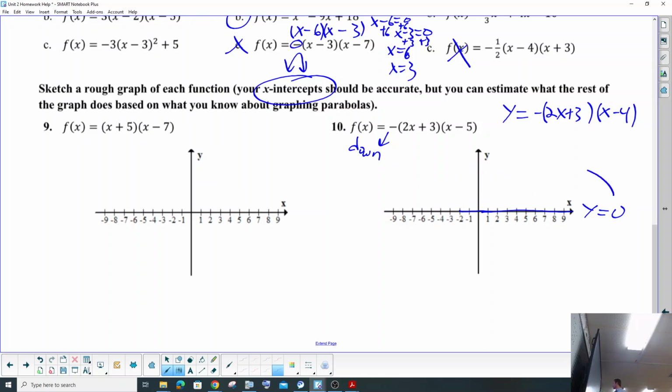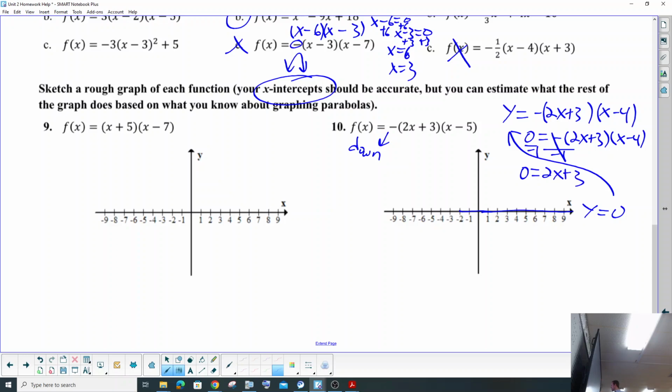We should set y equal to 0. And when we set y equal to 0, we're going to set each one of these parentheses equal to 0. So we first get rid of that negative by dividing by negative 1 on both sides. 0 divided by negative 1 is still 0.